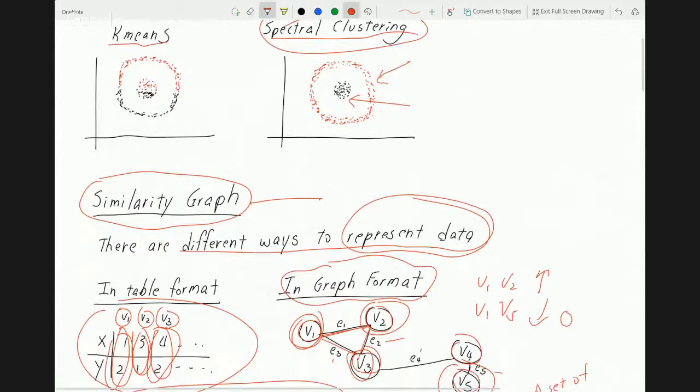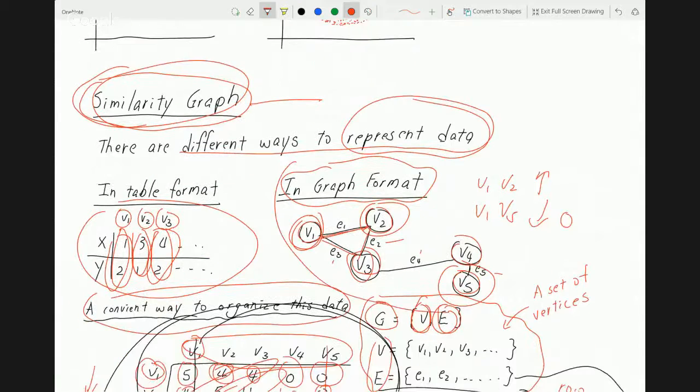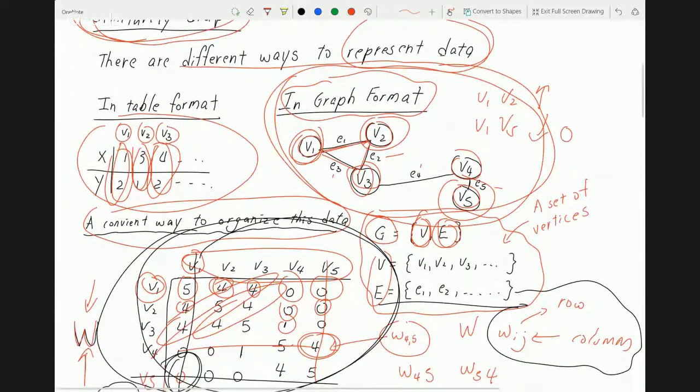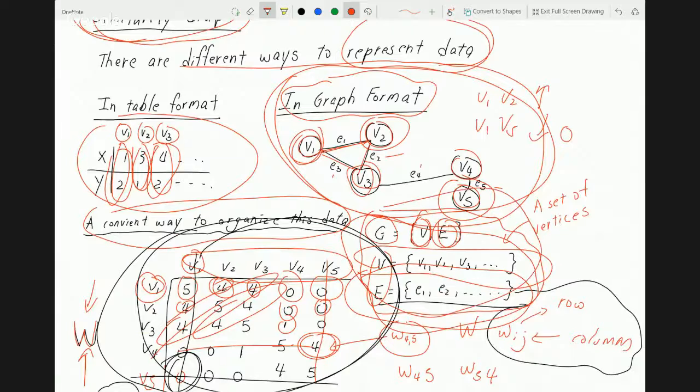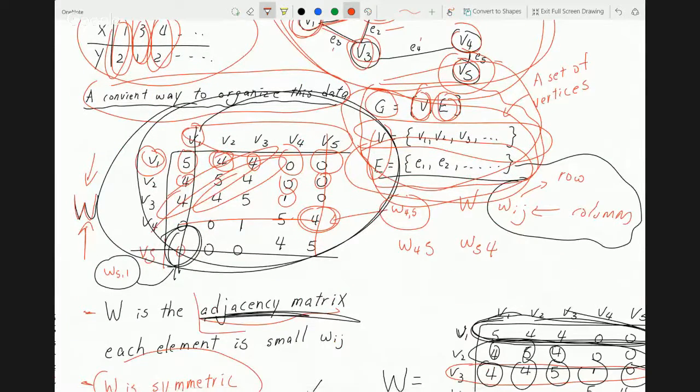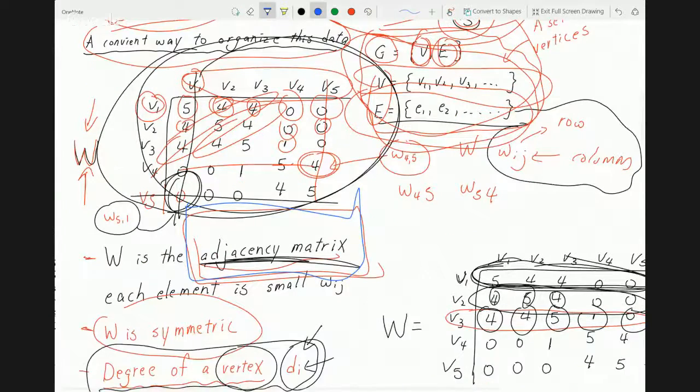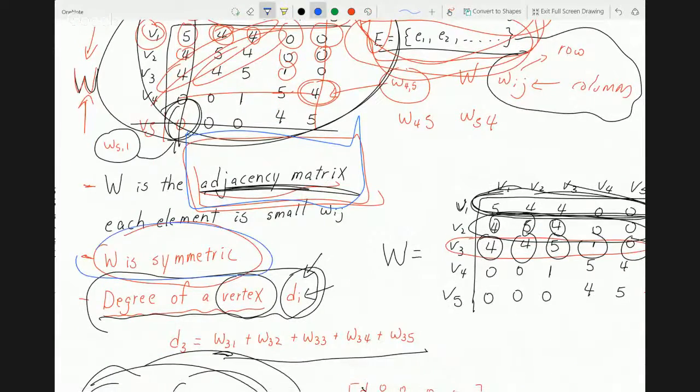Spectral clustering is related to graphs, and now we understand a graph can be represented this way with essentially vertices and edges, and together we can summarize this information in this thing called the adjacency matrix. This adjacency matrix is symmetric, so W equals W transpose.